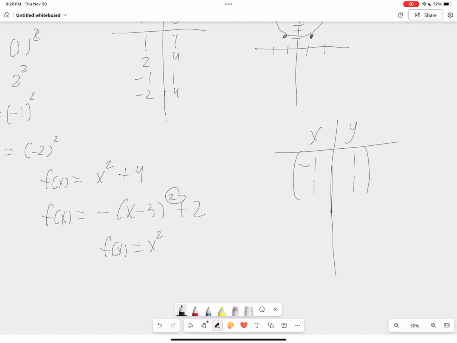We have to use PEMDAS. So it's parentheses first, exponents, multiplication, division, addition, subtraction. So why did I emphasize that? To transform the graph, what the graph does is it applies PEMDAS, depending on what you do.